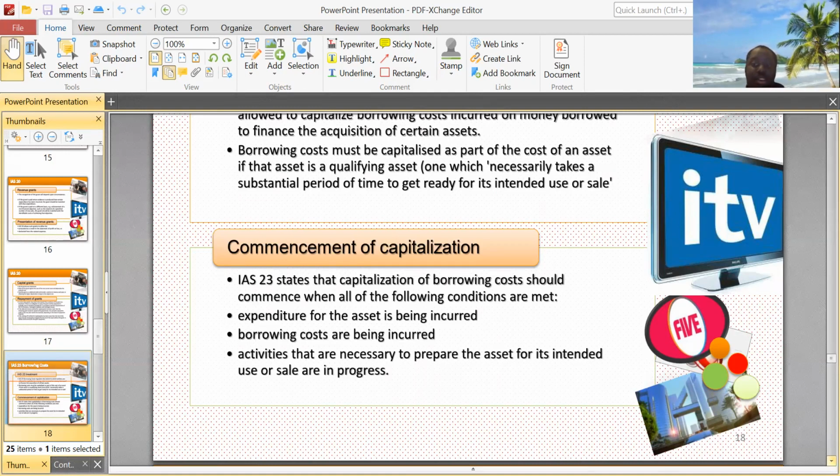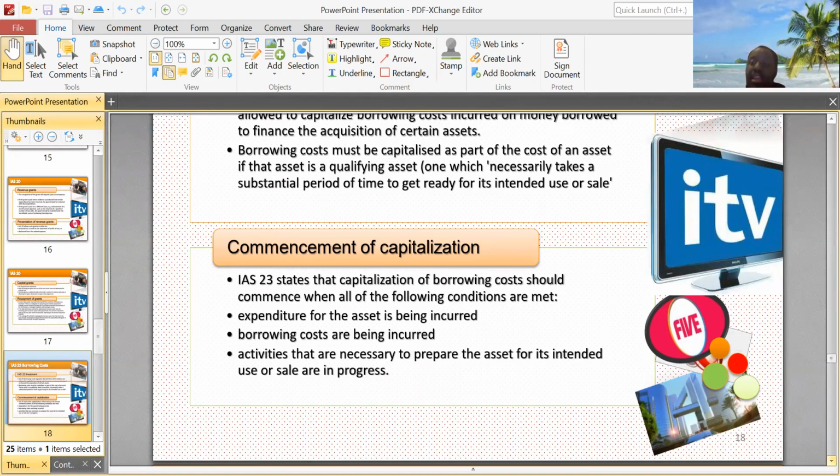And number three, which I would like you to remember because we talked about qualifying assets earlier, is that the activities that are engaged in to prepare the asset for its intended use or sale are in progress. So these three conditions must be met. Number one, expenditure for the asset is being incurred. Number two, borrowing costs are being incurred.